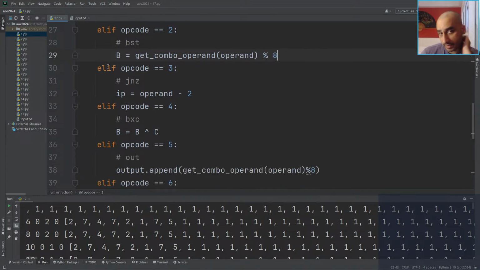The jump could be a bit funny. IP equals... oh, I didn't even do the 0 check. Damn it.